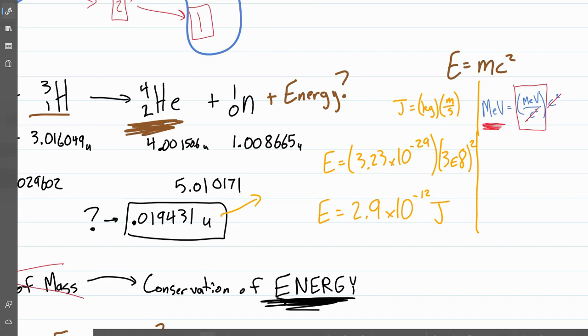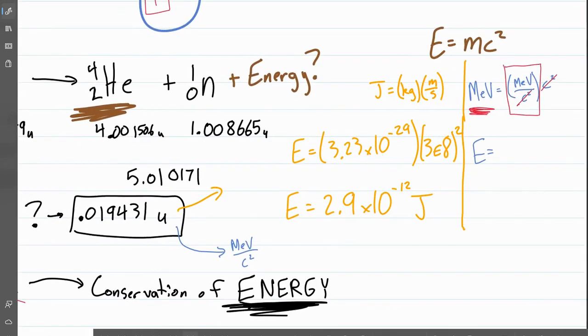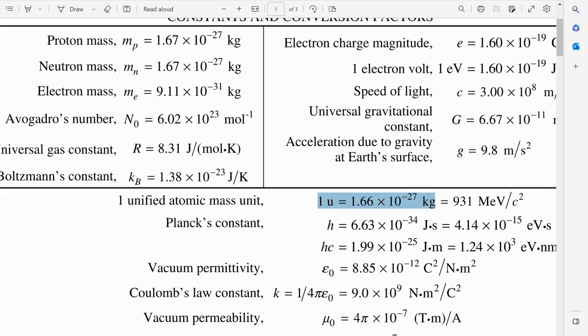And now let's try this in terms of MeV per c squared. Our energy is our mass, and 1 U is equal to 931 MeV per c squared.